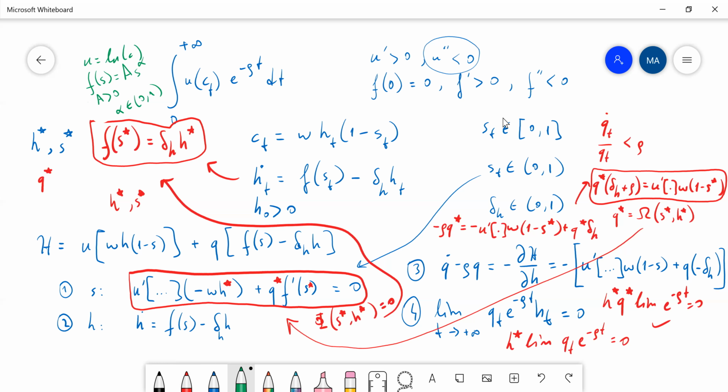I cannot tell without specifying the production function and utility function. Okay, because as you see, there's a derivative here. So the derivative of the utility function enters the picture here and here. So it will be important for governing the dynamics.